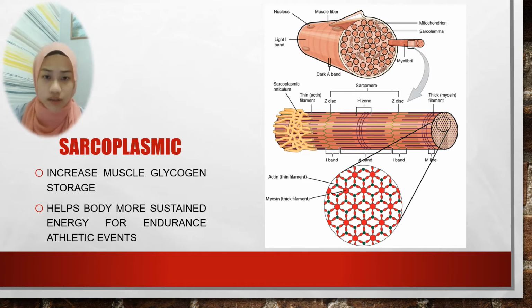Sarcoplasmic hypertrophy means an increase of glycogen storage in the muscle. Sarcoplasmic growth gives our body more sustained energy for endurance athletic events. Sarcoplasmic hypertrophy refers to an increase in the volume of this fluid.